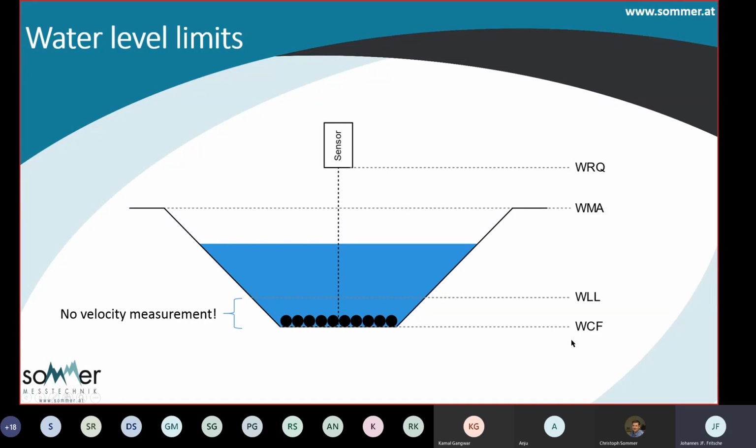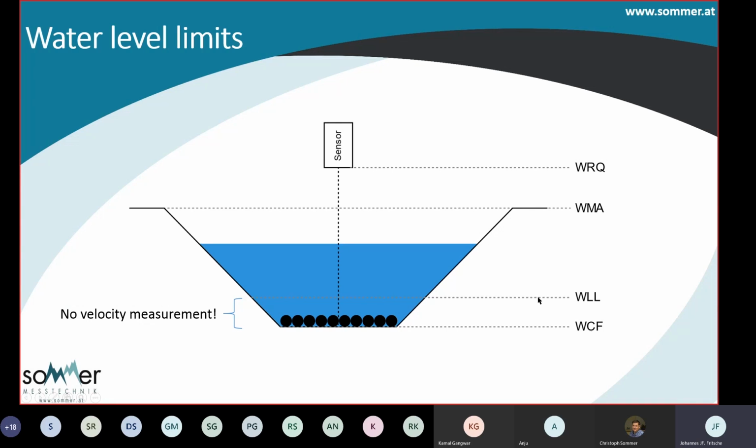And then there are 2 settings called WLL, which is the so-called low level border, and WCF, the cease of flow level. Between these 2 levels, the flow velocity is so low that the sensor can't detect it anymore, so the velocity is extrapolated from WLL to the cease of flow level.